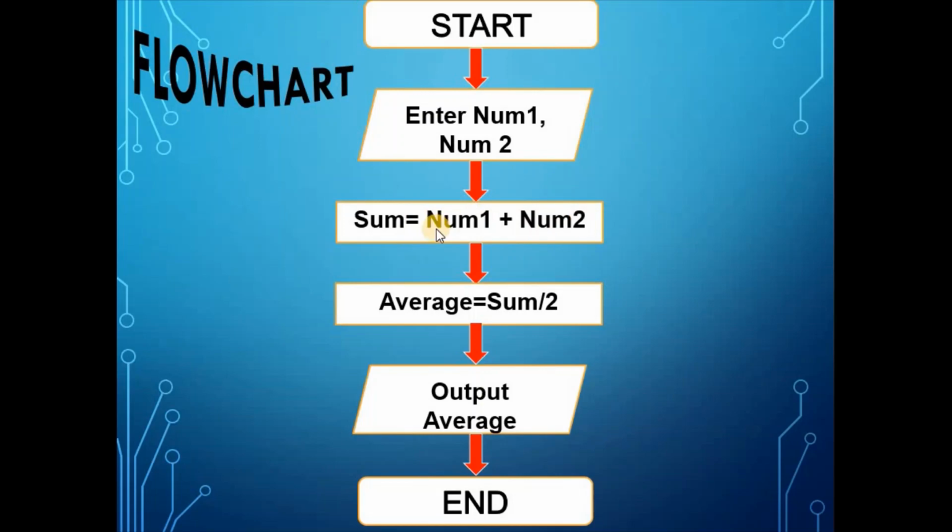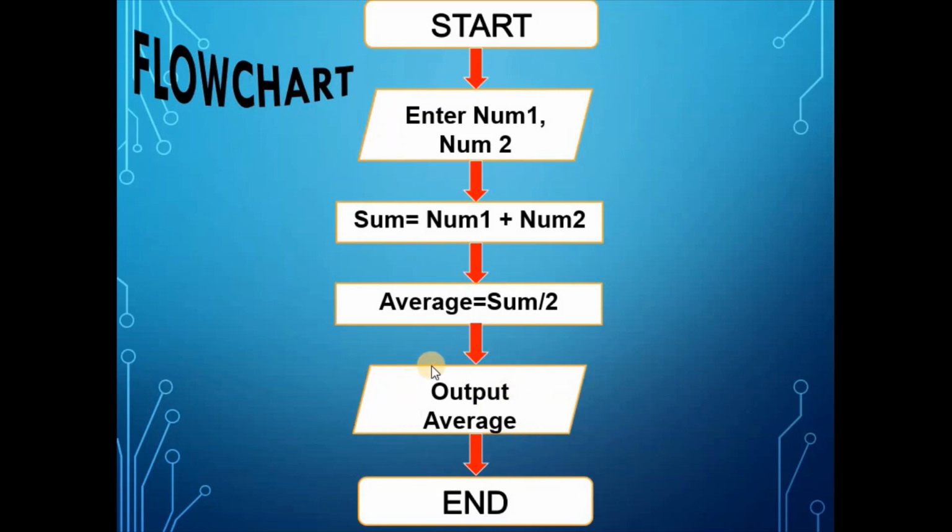And then once our sum has been completed, we are now really finding what the question asks us to find, which was the average. And of course, to find our average, the formula was average equal sum divided by the total numbers that we use, which was 2 numbers. And once our calculation has been completed, again, we use our flow line to show which step is next.